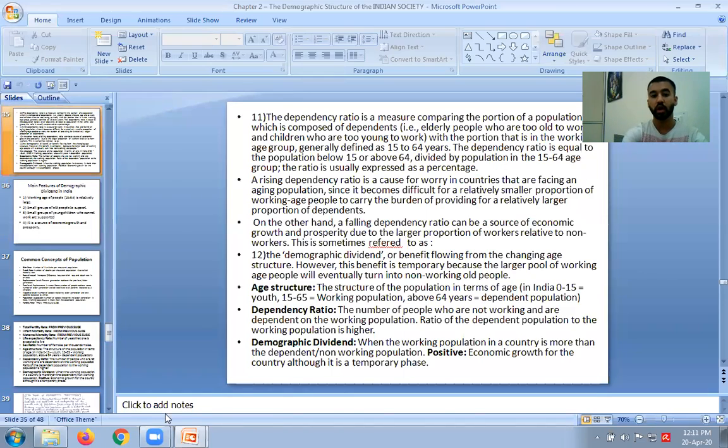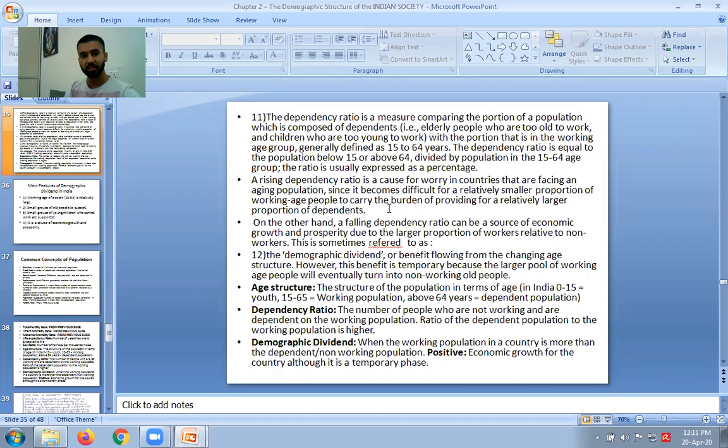Okay, so I was telling you about rising dependency ratio and falling dependency ratio. Now remember that it's important for us to understand the reasons for rising dependency ratio and reasons for falling dependency ratio. Look at my cursor.